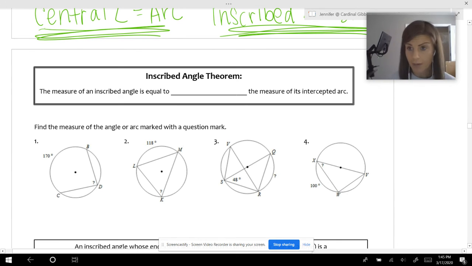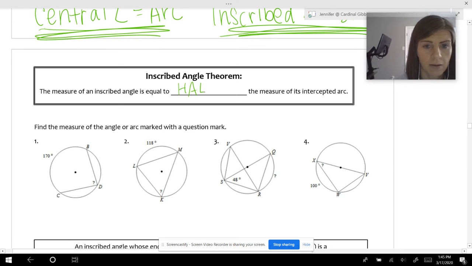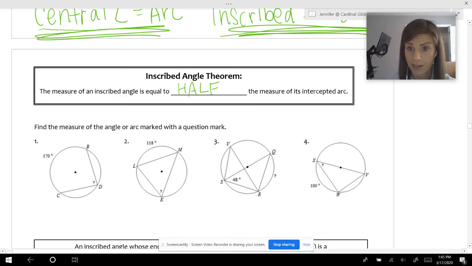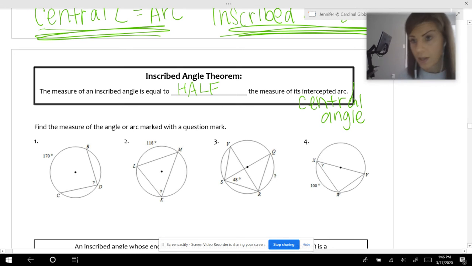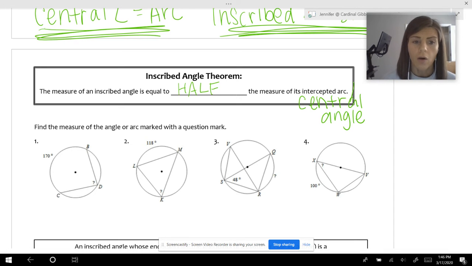The theorem for inscribed angles is what we just said: the measure of the inscribed angle is half of the measure of its intercepted arc, which also means that it's half of the measure of that central angle, which is also going to be pretty helpful to us when we're finding missing measurements. I know that this seems like a lot of things to remember right now. Just keep in mind that given the way that we're doing this, we're going to keep things pretty basic.